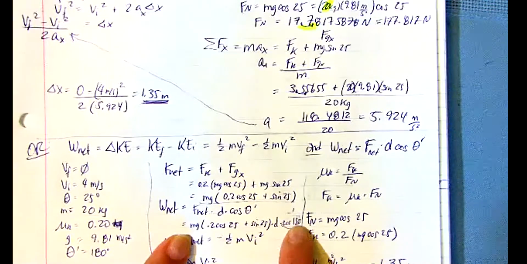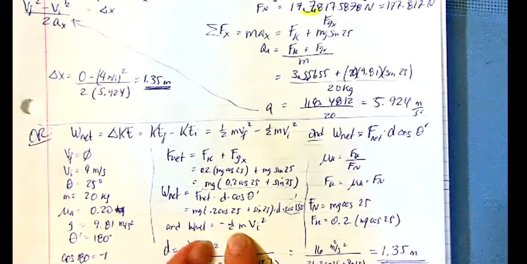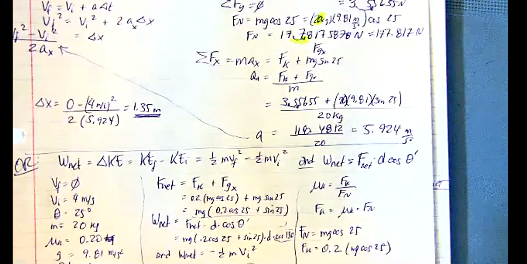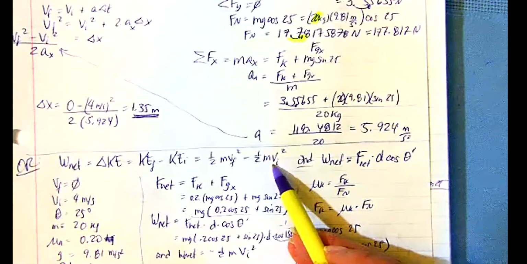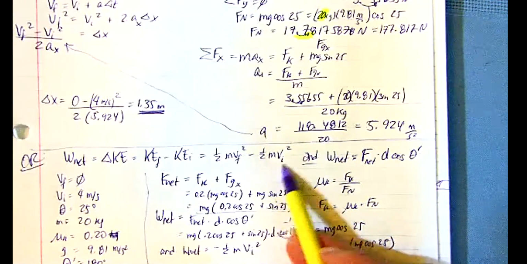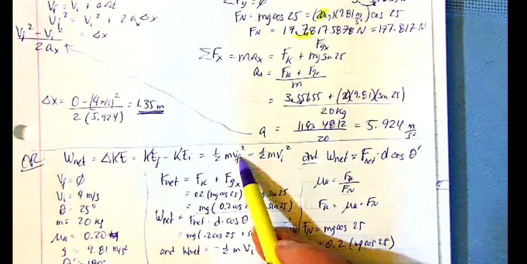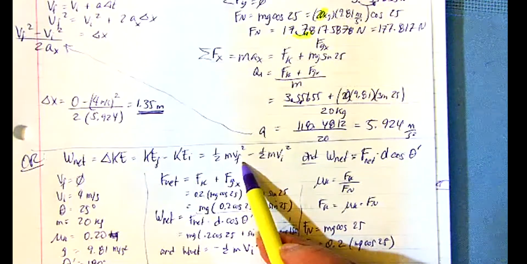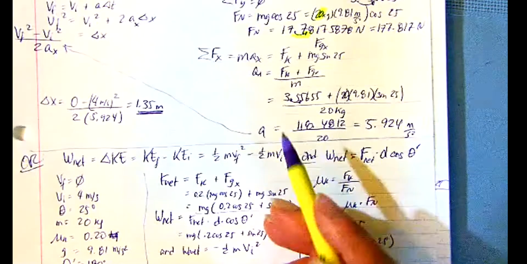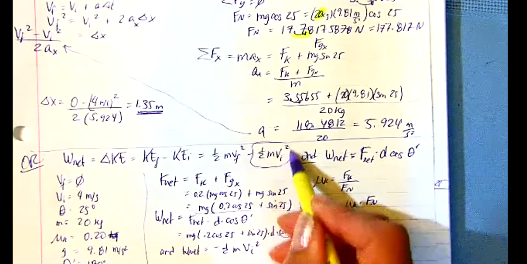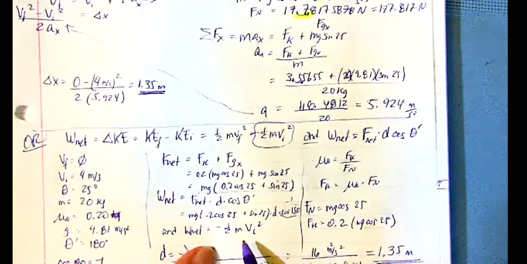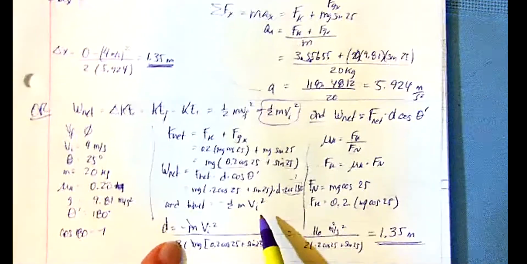Okay, so this is just going to be 1. So all that is going to be equal to, notice that here you're only going to have your negative initial, because the final velocity was 0. So this work just gives you this part right here. So all that is equal to negative 1/2 mv squared.